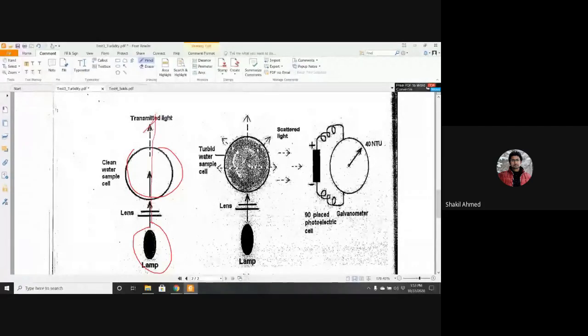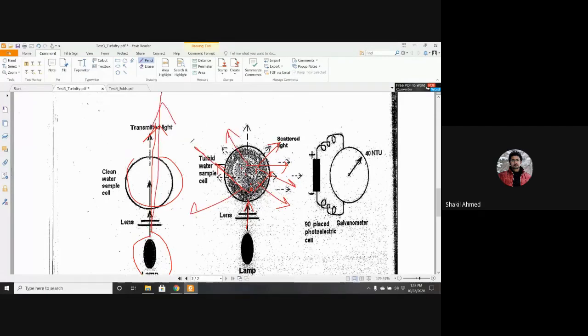But if there is turbidity, as you can see, black, what happens? The suspended particulate matter reflects the light here and there, all around, right? Previously, it was directly passing like this, but now, due to this obstruction offered by the turbidity, they will be scattered.